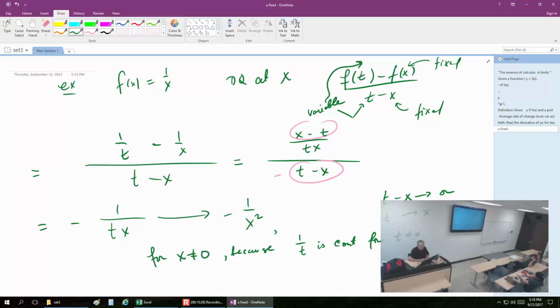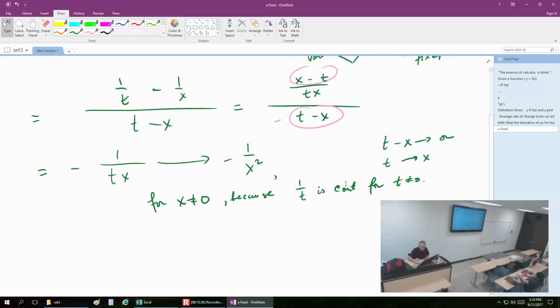So that's the answer. The big deal is comparing the function with its derivative. Let me write the conclusion. Conclusion: f of x is 1 over x, and f prime of x is negative 1 over x squared.